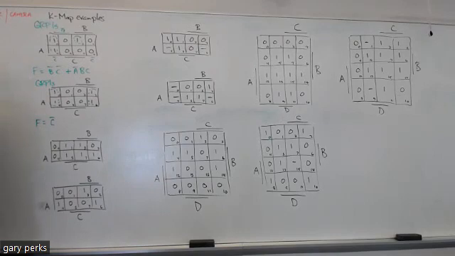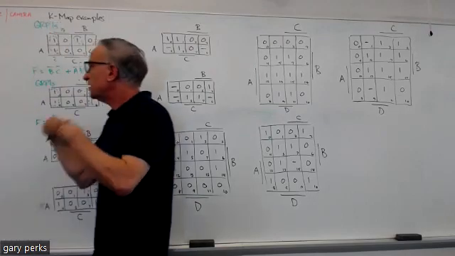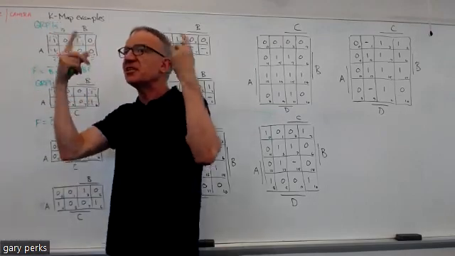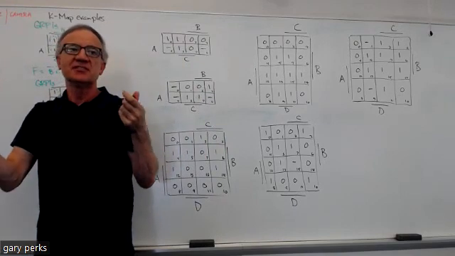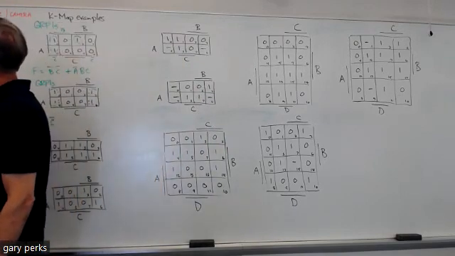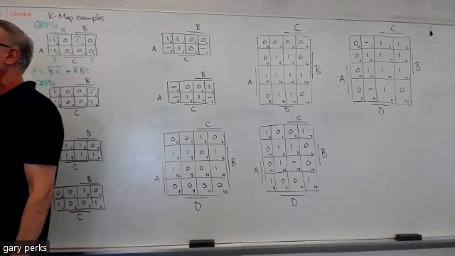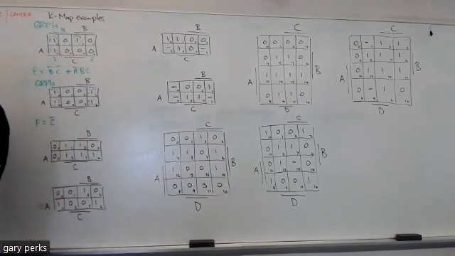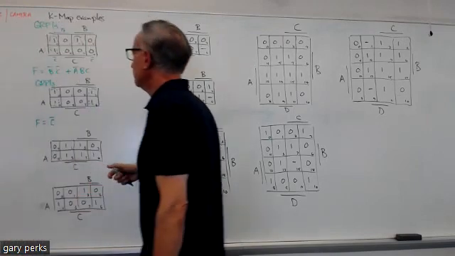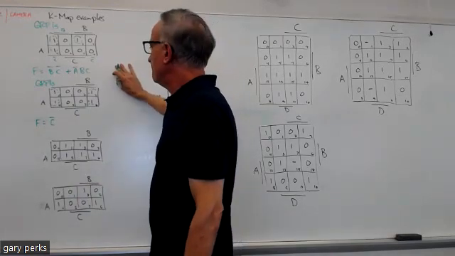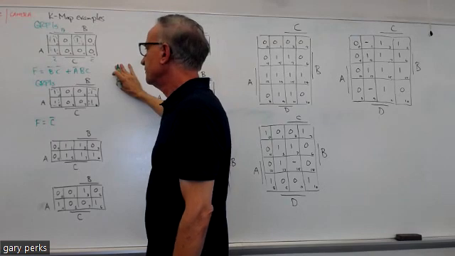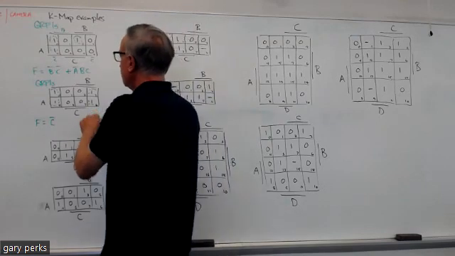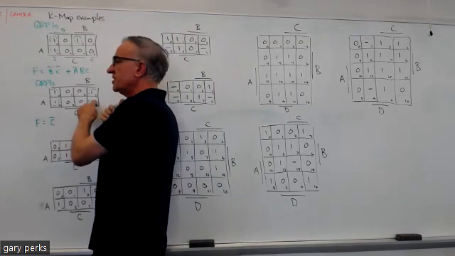Does that make sense? Okay, so like I said, every time you do this, that's what you got to be thinking. I want the most reduced, so I want the least number of largest groupings. And again, the groupings can only be 1, 2, 4, 8, 16, and they have to be rectangular or square. So if cell 6 was a 0, is that like... Okay, so you're saying in this example here, this was a 0 instead of a 1?